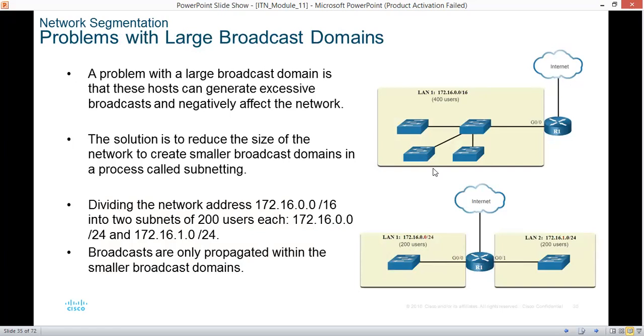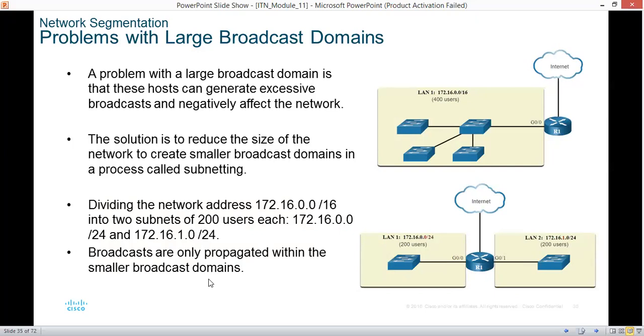Over time, it leads to what we call a broadcast storm. With that, there will be a whole lot of congestion, and until you restart the entire network, it will be quite worrisome. So one of the ways to eliminate this is to segment the network. So this is the problem, the challenges with broadcast.